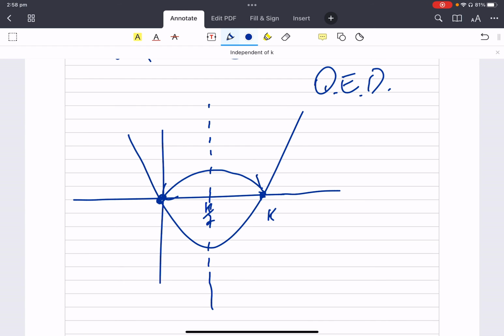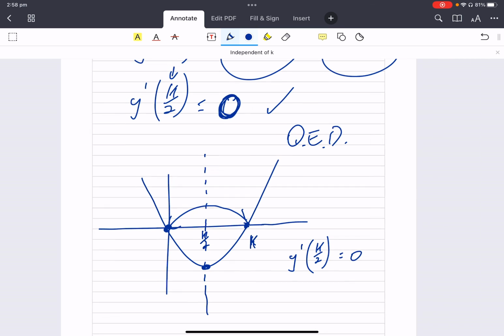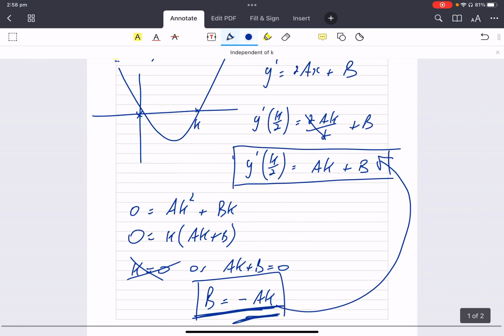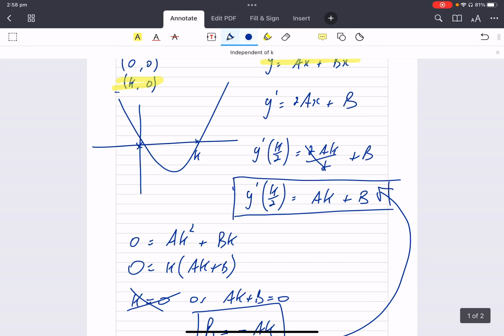So our gradient at the line of symmetry has to be equal 0. So no matter what k is, halfway between the origin and k, the gradient is going to be 0. Therefore, the derivative y dash of k on 2 is going to be equal to 0 independent of k. That's just a graphical representation of what we did mathematically up there. That was fun.